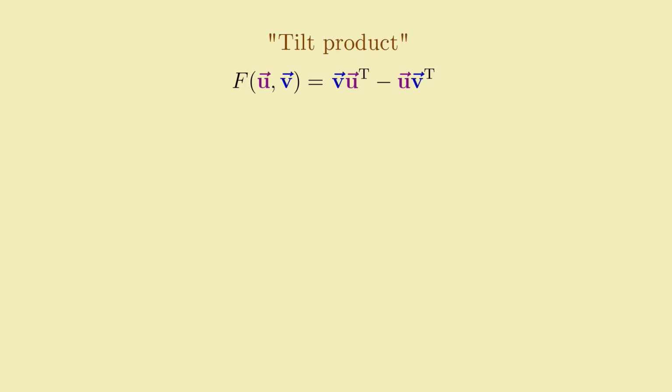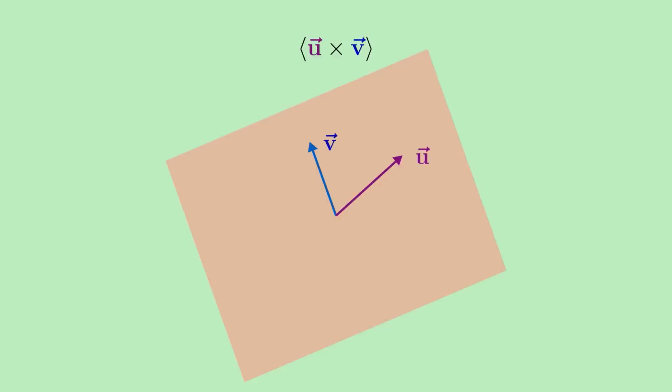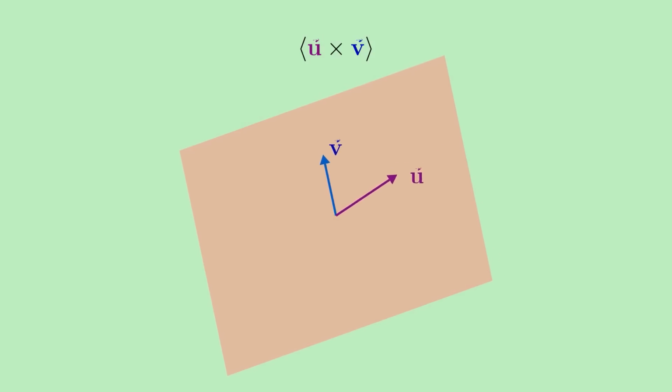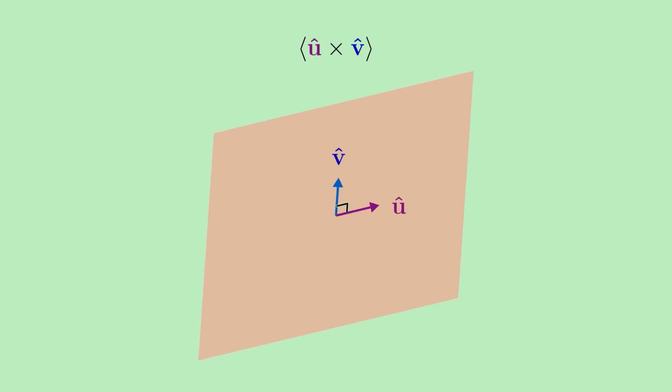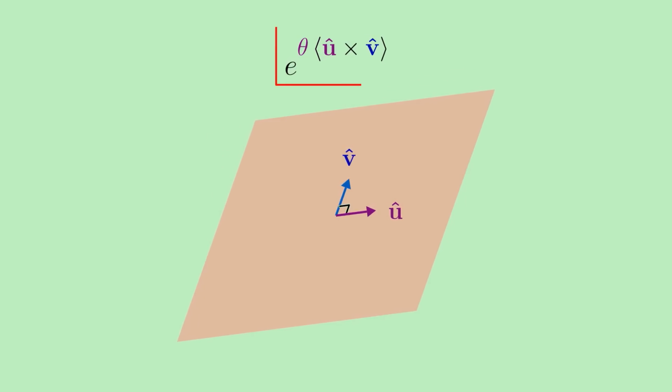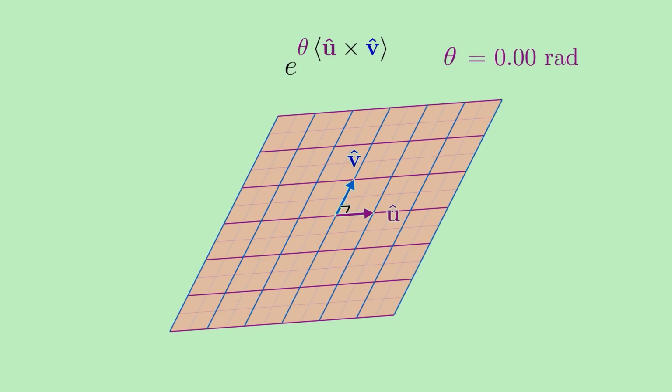And I'll represent it with the notation U cross V surrounded by angle brackets, which you can read as U tilt V. Now, if U and V are perpendicular unit vectors, we can express a rotation by theta radians within the UV plane in the direction from U toward V as e to the power of theta times U tilt V.